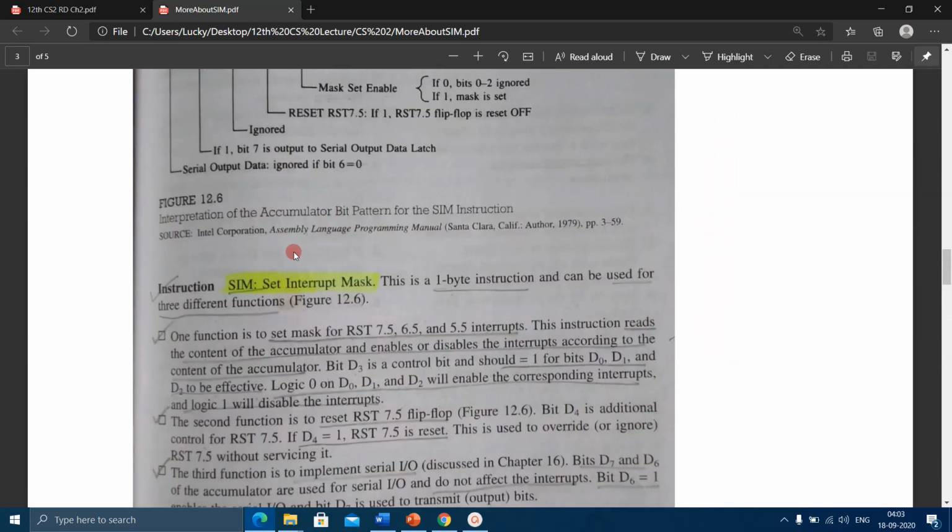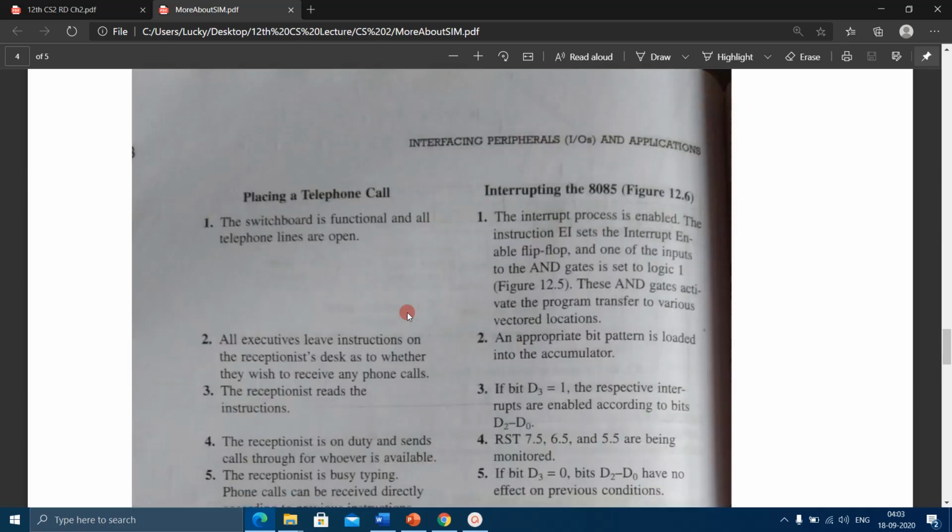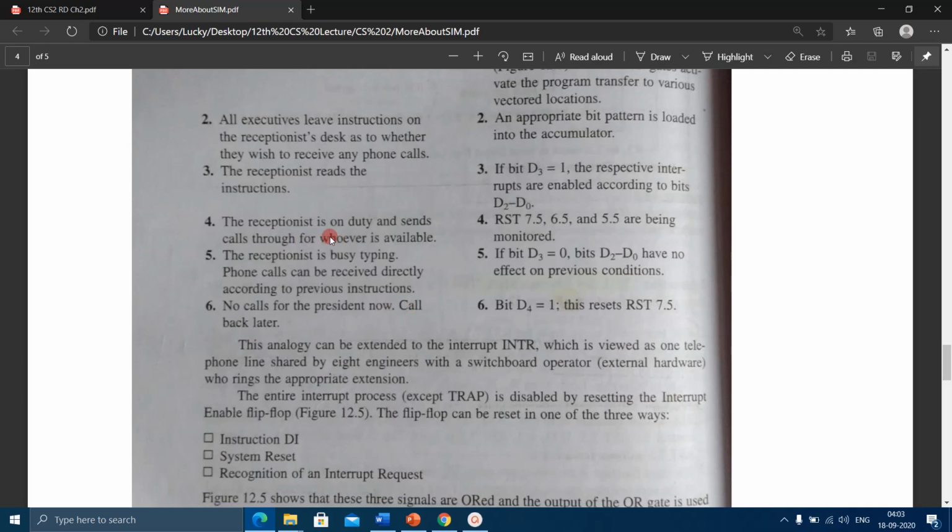The receptionist, that is MSE, will read the instruction whether the respective interrupt should be given the service or should be masked, should be ignored. If bit D3 is equal to 1, the respective interrupts are enabled according to bits D2 to D0. The receptionist is on duty and sends the calls through for whoever is available.